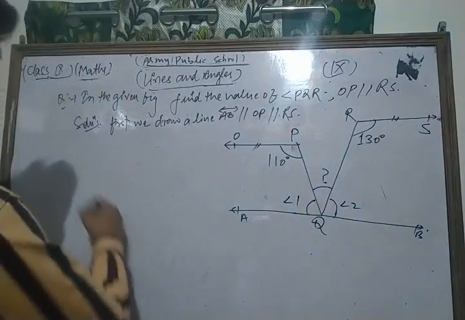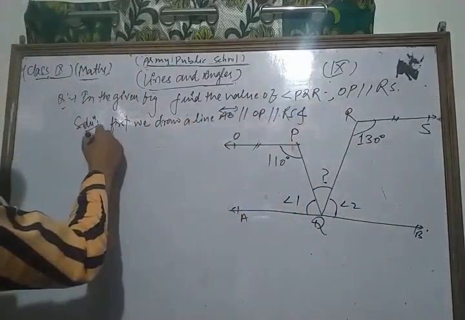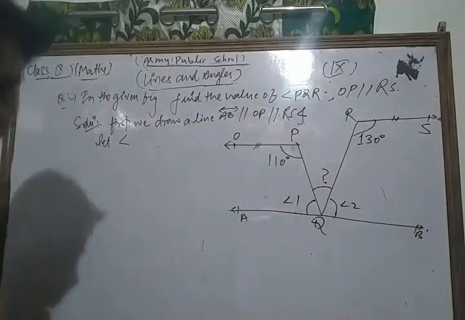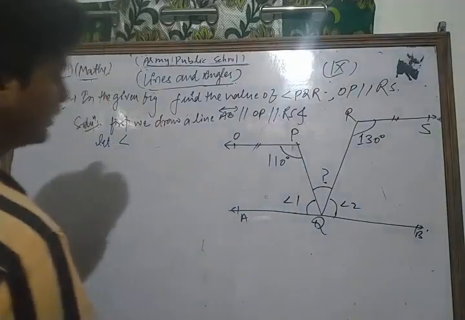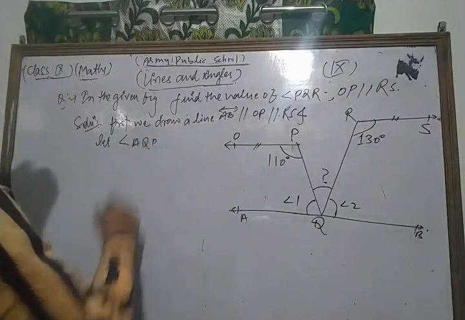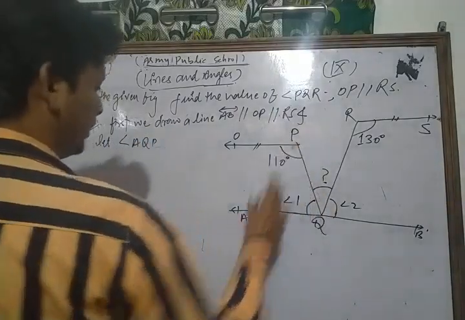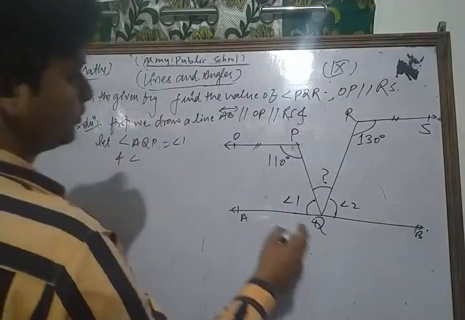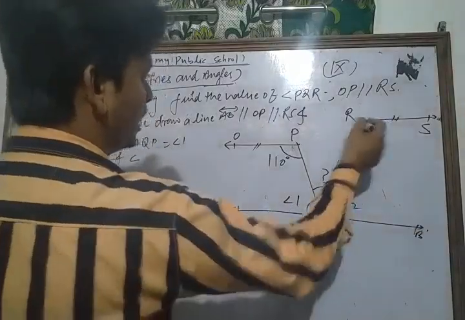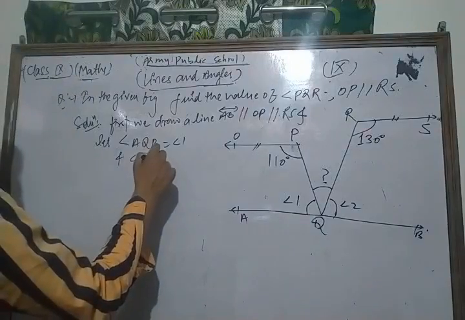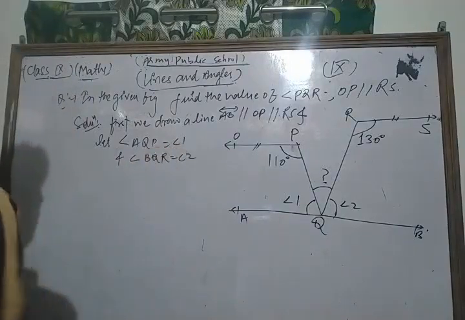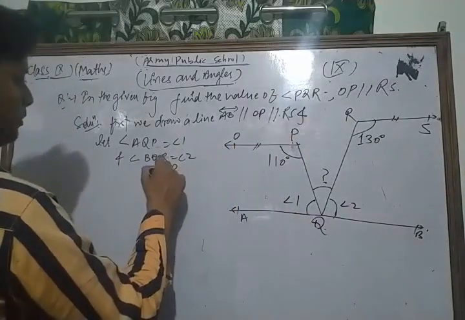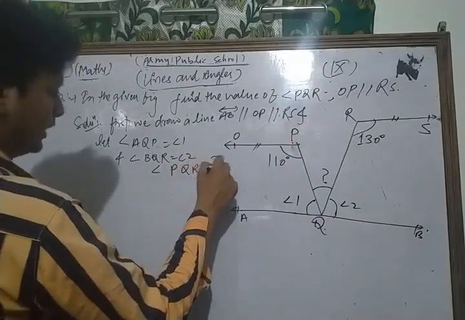Let angle AQP be equal to angle 1, and angle BQR be equal to angle 2. And we have to find angle PQR.